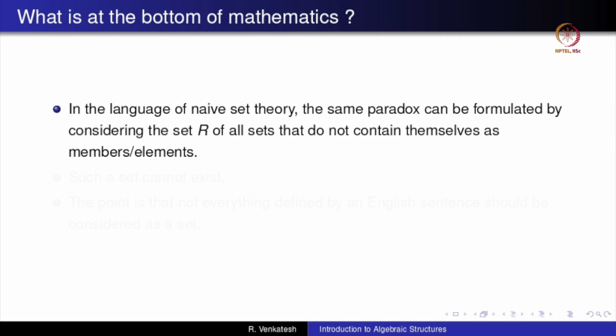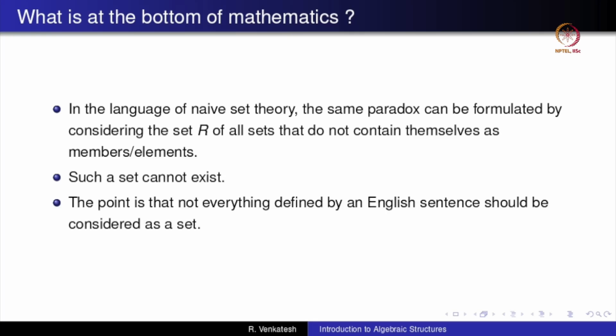In the language of naive set theory, the same paradox can be formulated by considering the set consisting of all sets that do not contain themselves as elements. We will rigorously prove later in the course that such a set cannot exist. So, what is the point?